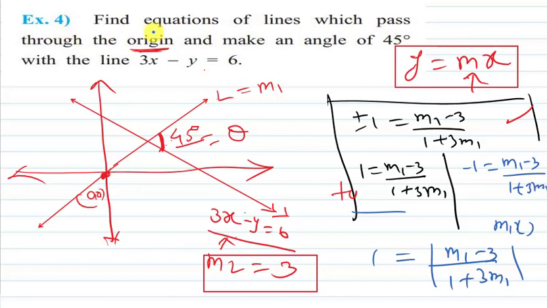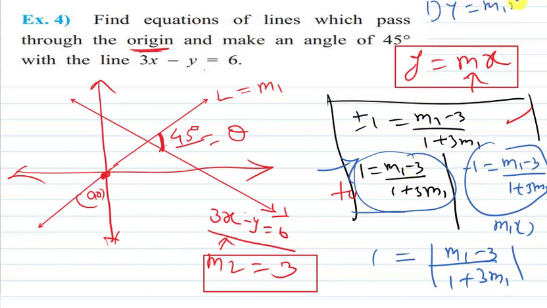I'll keep it to you as homework. Just find m1 for this condition and m1 for this condition, right? After finding the slopes, you will have two lines, the first for the first slope and the second for the second slope. Why will there be two equations?